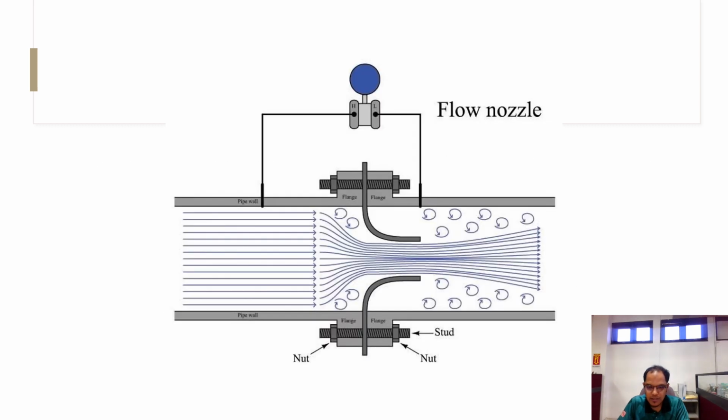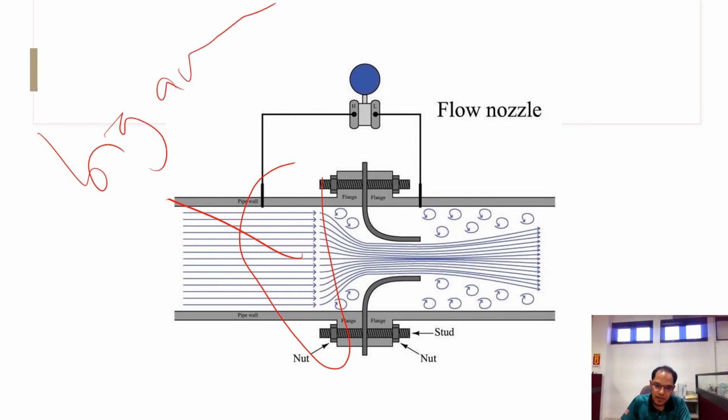Ni macam ni. Sama je. Daripada area yang besar, big area, and then dia kecilkan jadi area yang kecil, small area. Okay. Sama je. Ni flow nozzle.